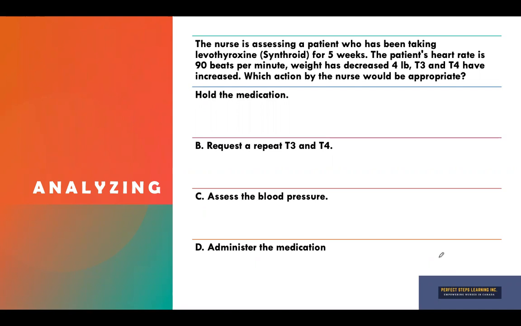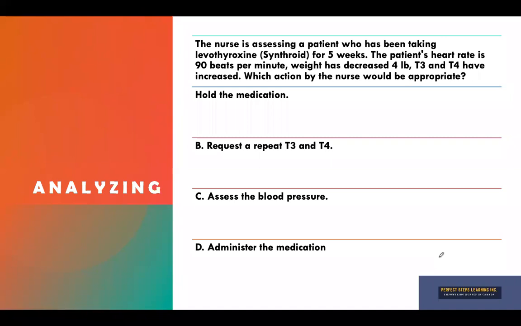And then the last is administer the medication. So administer the medication will definitely be chosen if all these findings were normal, were expected therapeutic findings. So think from that point of view and choose an answer, everyone.